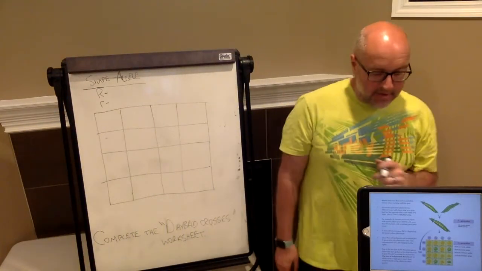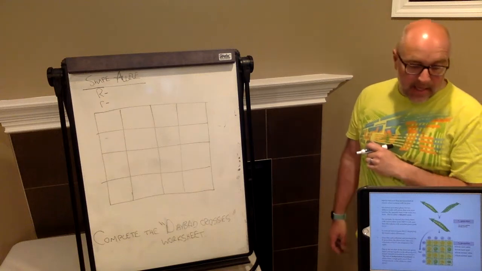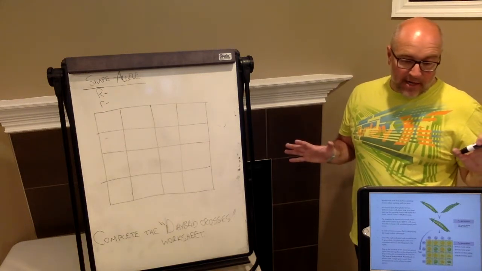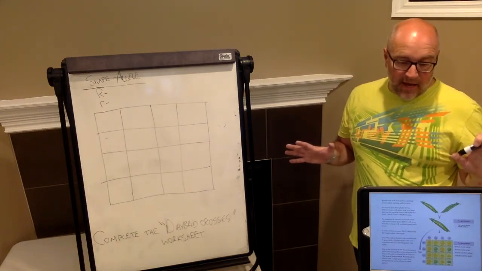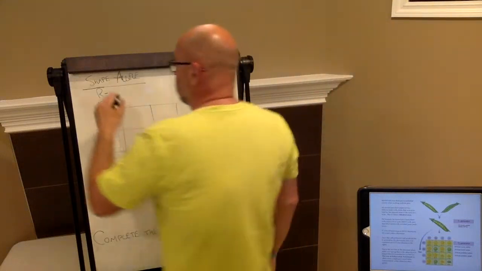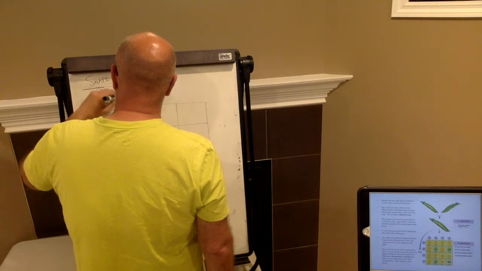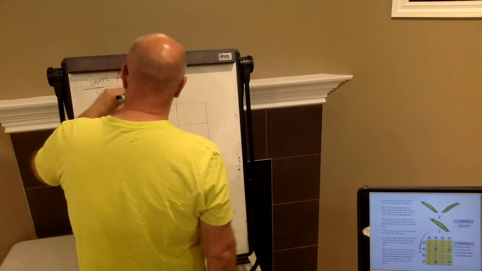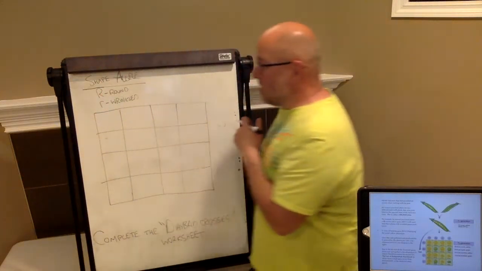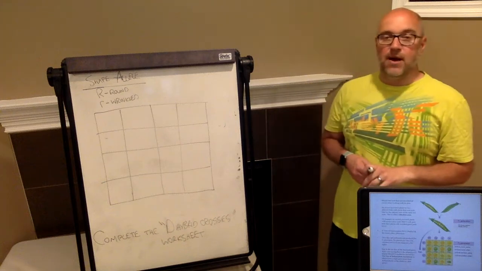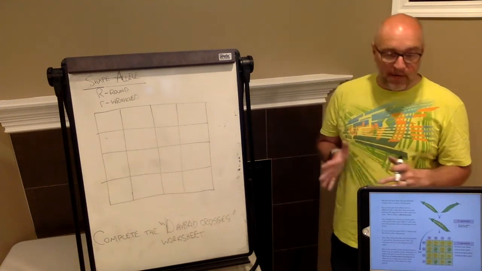Round is dominant, and wrinkled in this case is recessive. Okay, so I've got my 2 alleles. I've got capital R for my round shape. I've got little r for my wrinkled shape.